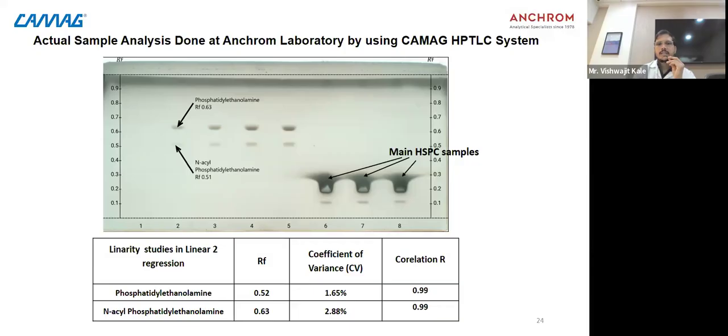We have applied them together along with the samples, but the samples do not contain any of this impurity, but we got very good linearity for impurity detected. So if any impurity is detected in the sample, we can do its sensitive quantification.